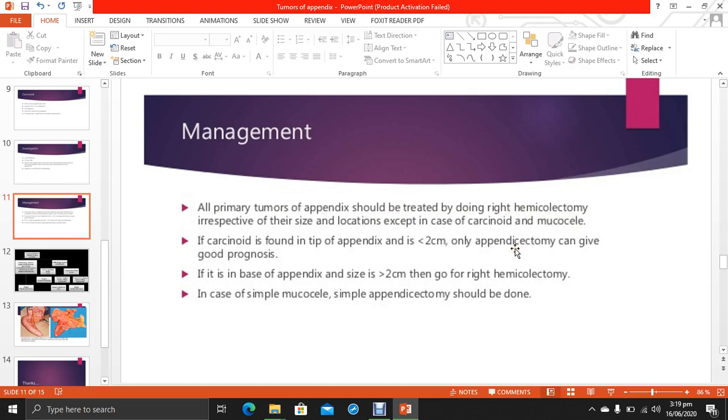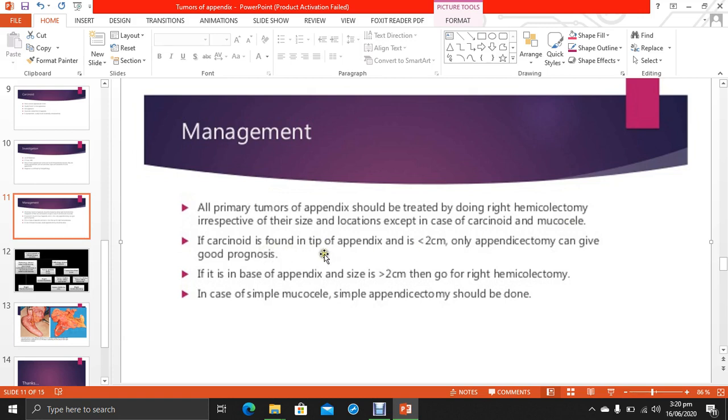Appendectomy alone will not be sufficient, irrespective of size and location, except in the case of carcinoid tumor and mucocele. If the mucocele is benign, there is no need for right hemicolectomy. And carcinoid, I will tell you in another slide how to proceed.